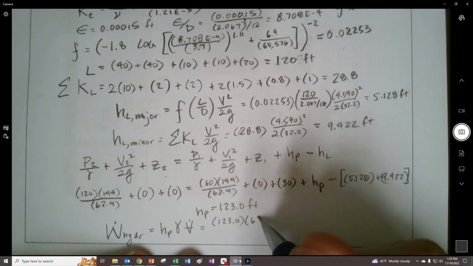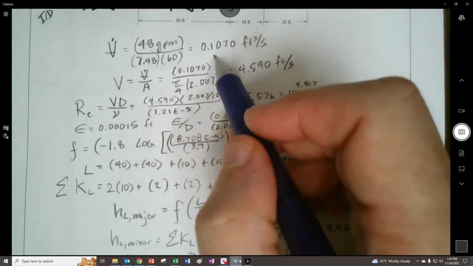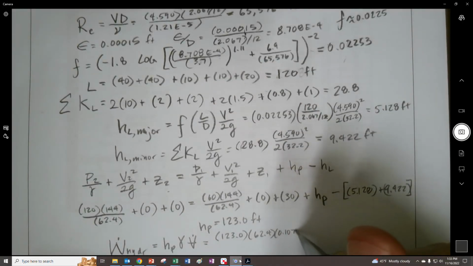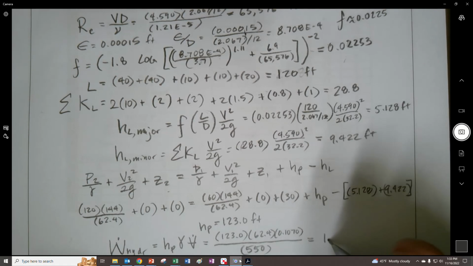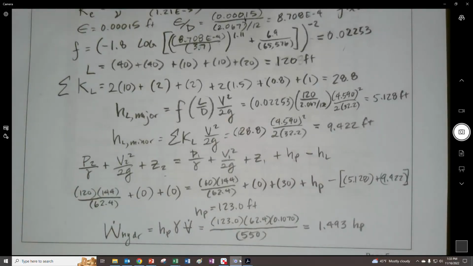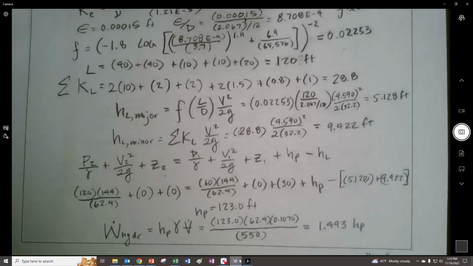So it's 62.4, and the volumetric flow rate we got at the beginning was 0.107, and divide by 550, and we end up with 1.493 horsepower.